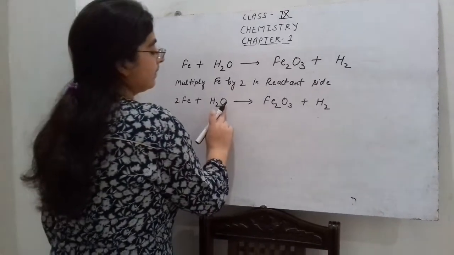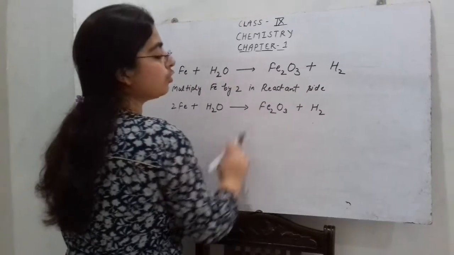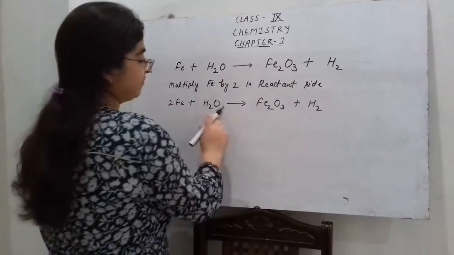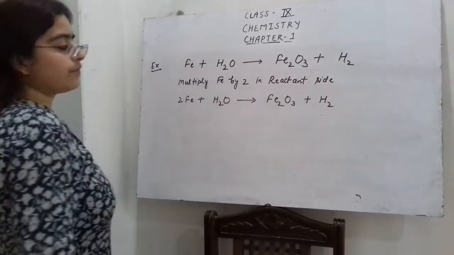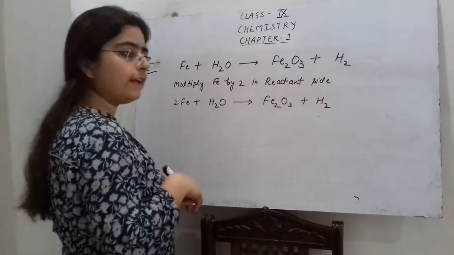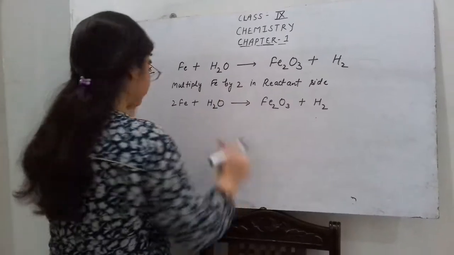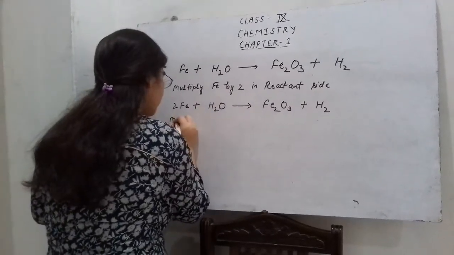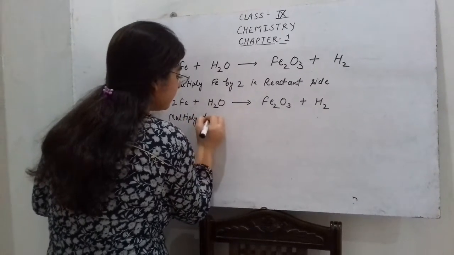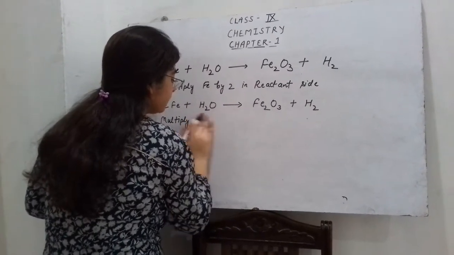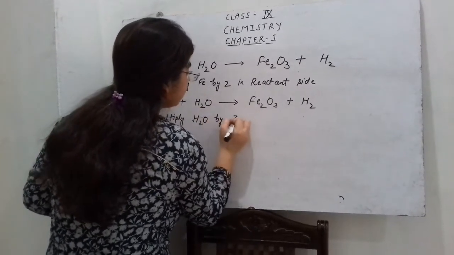Now we will see the oxygen atoms, because oxygen atoms are also not balanced. Here 1 atom of oxygen is there and here 3 atoms of oxygen are there. So again we will multiply by 3 in water molecule. Multiply H2O by 3.